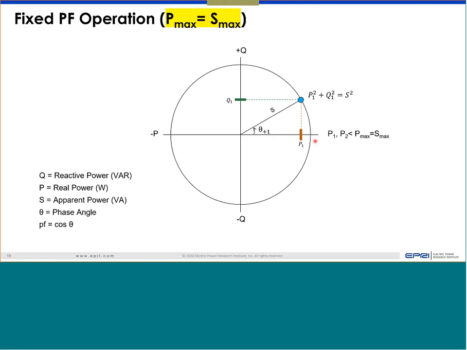This is the point I wanted to highlight here. Whether it has to reduce or not depends on a lot of things. First of all, are P max and S max the same? If that's the case, the question is, do I have enough DC power to generate the maximum power? If that's also true, then the example is what I'm showing here: yes, I was generating the maximum power when the power factor was unity. The moment I receive a command to go to a non-unity power factor, I have to reduce power to generate that Q to maintain that power factor.